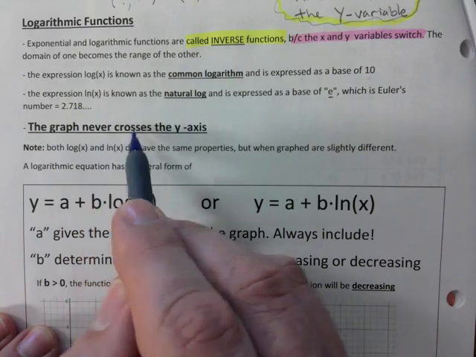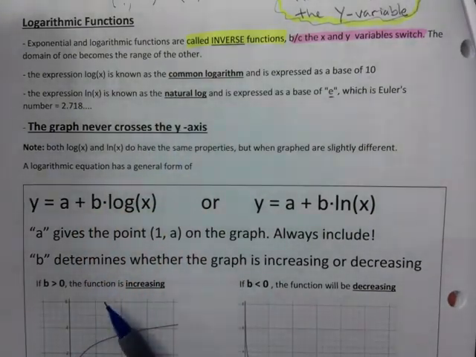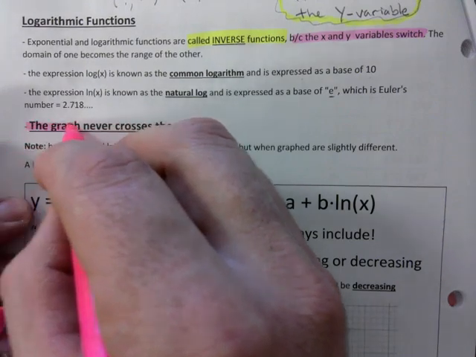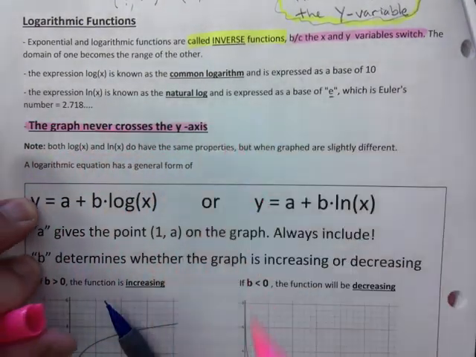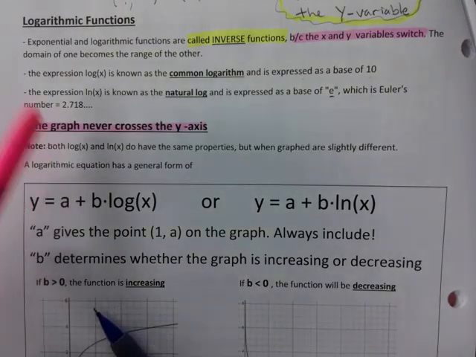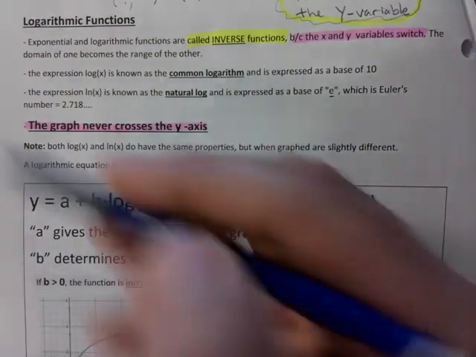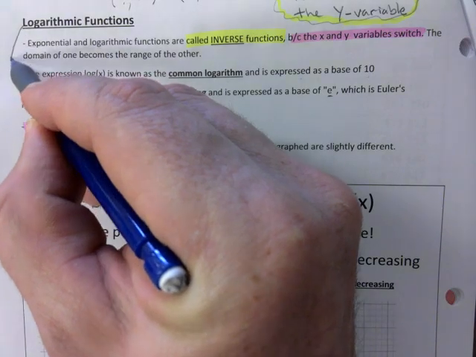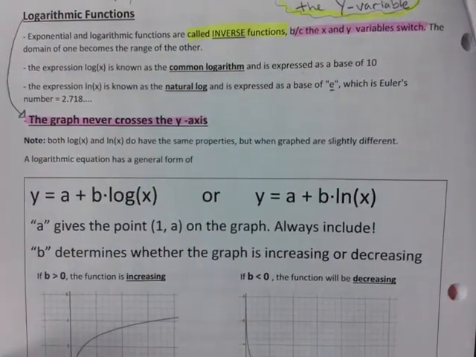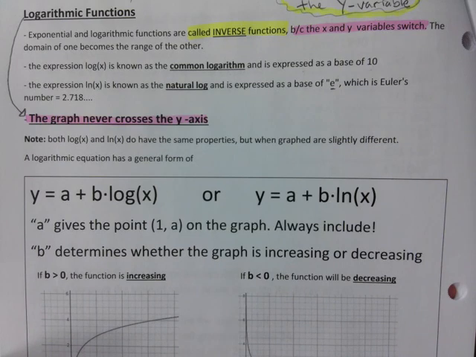The graph never crosses the y-axis. This is very important. Which one did the exponential never cross? The x-axis, remember? Logarithmic never crosses the y-axis. I will go for arrow and just say, hey, you should make note of that right away, that it will never cross the y-axis.